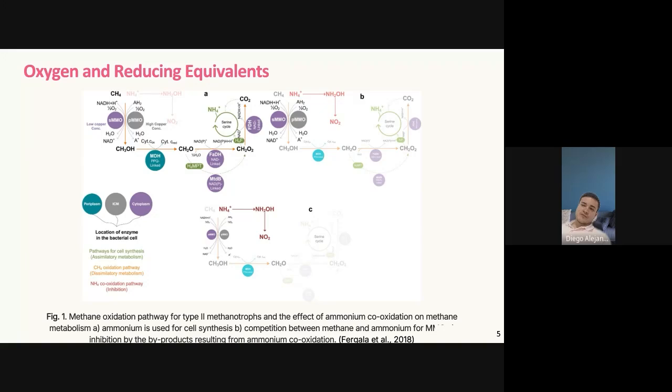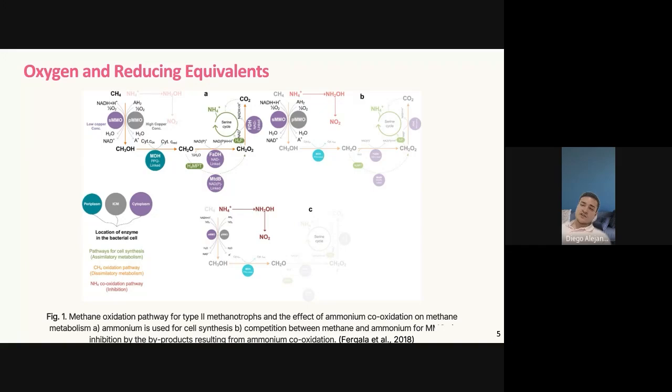B. Competition between methane and ammonium for the enzyme. Ammonium can be oxidized by methane monooxygenase, which creates competition between CH4 and NH4 for the enzyme, and as a result the conversion of methanol is reduced.